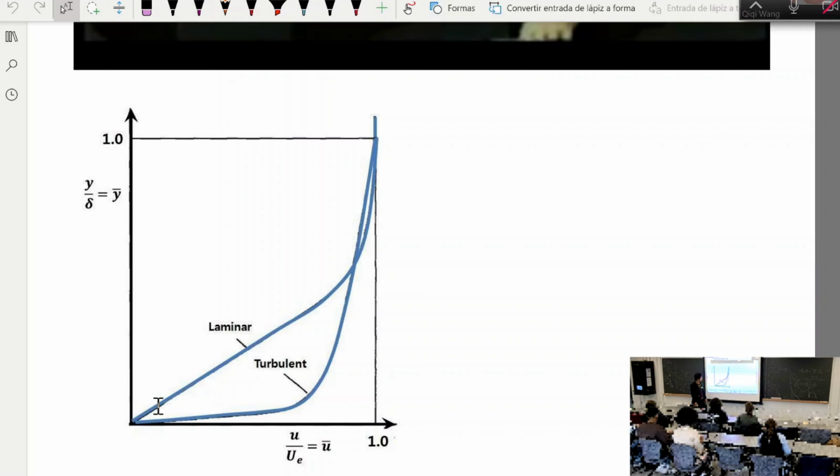As a result of that, it's not obvious, but if you do the math, you're going to figure out that for a turbulent boundary layer, the ratio between the displacement and the momentum thickness is going to be much, much lower than that of the laminar boundary profile. Okay, so by definition, you can figure out it's always greater than 1. The shape factor is always greater than 1, meaning the displacement thickness is always thicker than the momentum thickness.